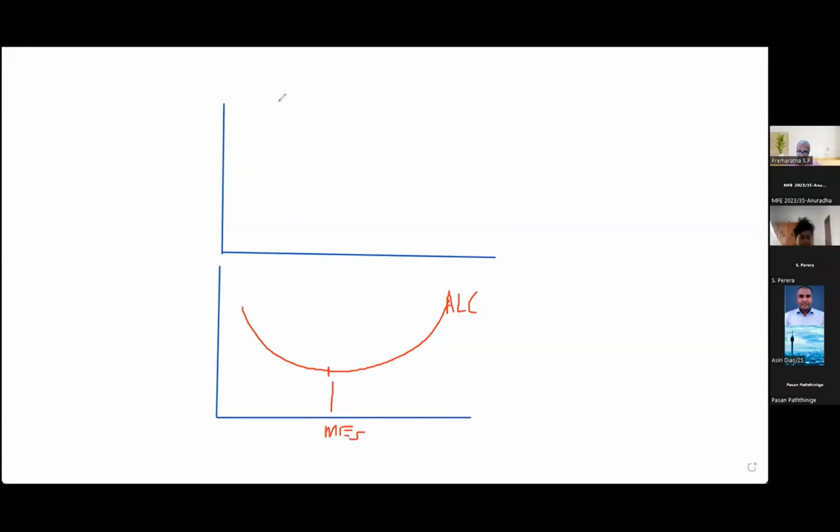On the production side also, if you look at the average production curve, it's like a mirror of this, a reflection coming like this, the average production curve. So there, initially increasing returns to scale, then come to constant returns to scale here, then start to decrease in returns to scale.